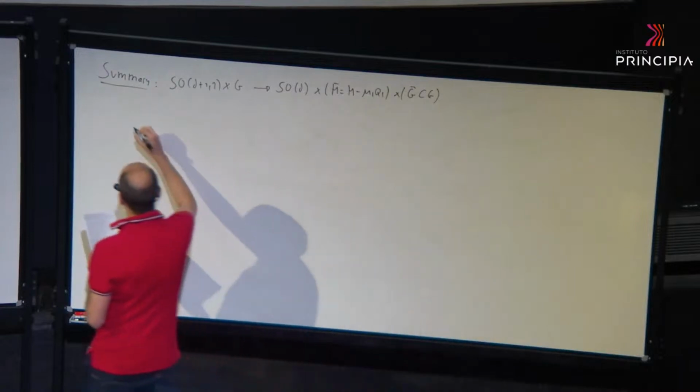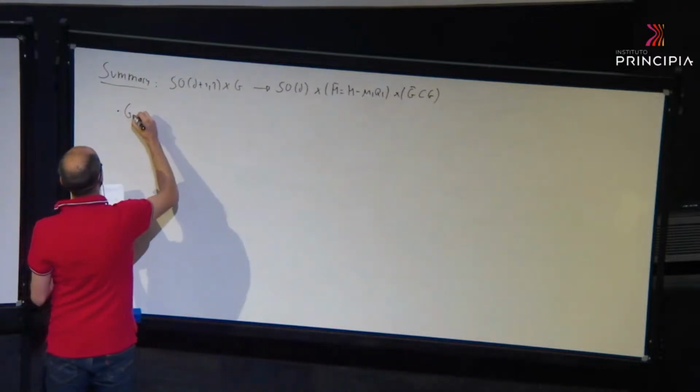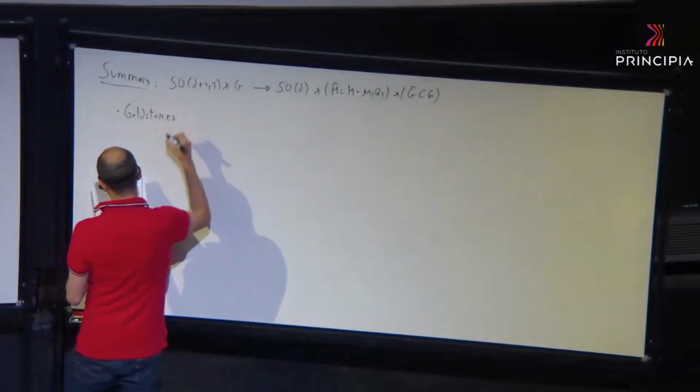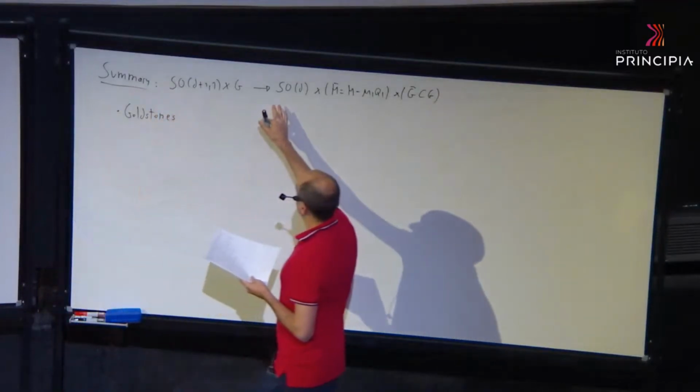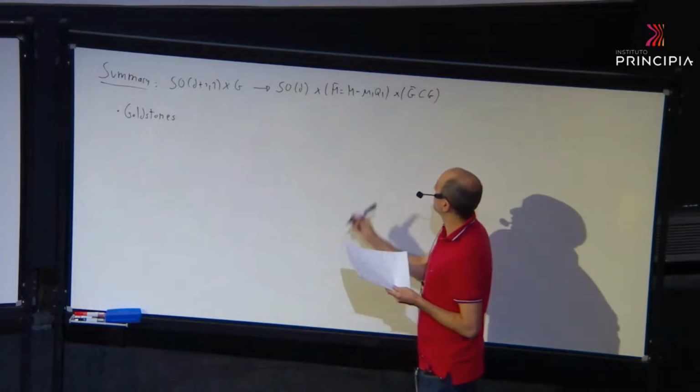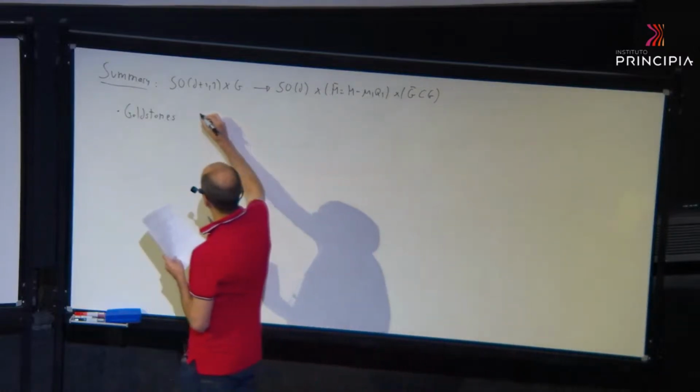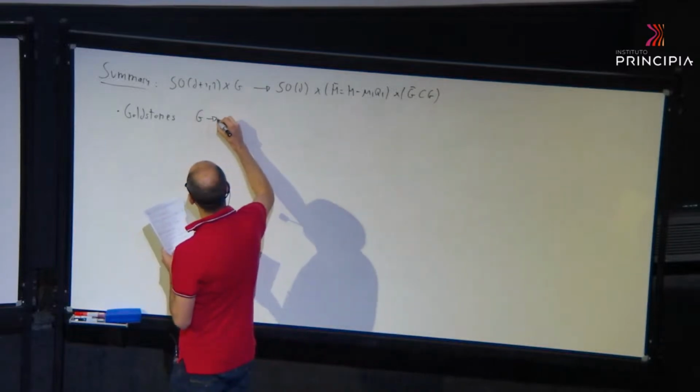So what are the modes that describe the symmetry breaking pattern? Of course we have the Goldstones. And the Goldstone modes actually turn out, even though you're breaking some space-time symmetries, to be only the ones associated with internal symmetry breaking. I'll review the Goldstone theorem for this setup in a moment.